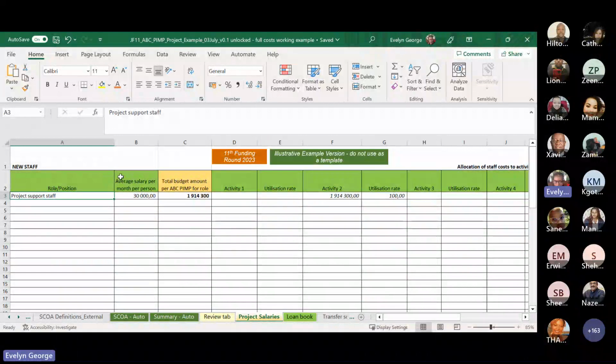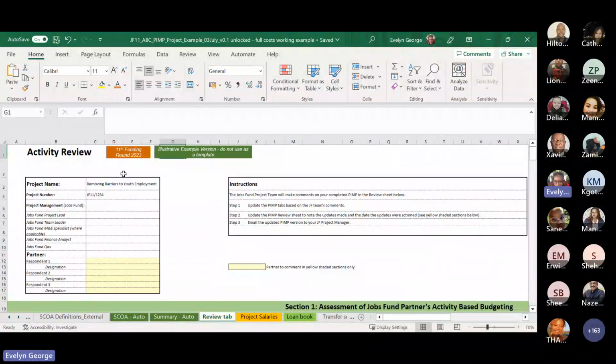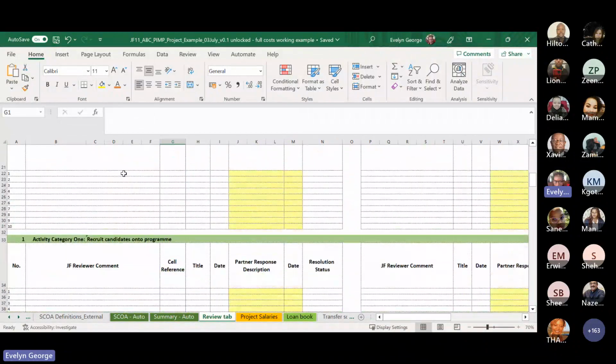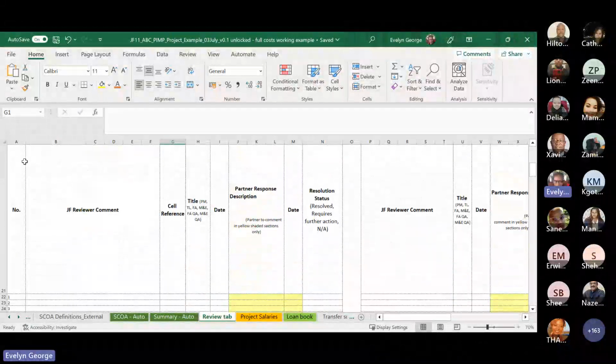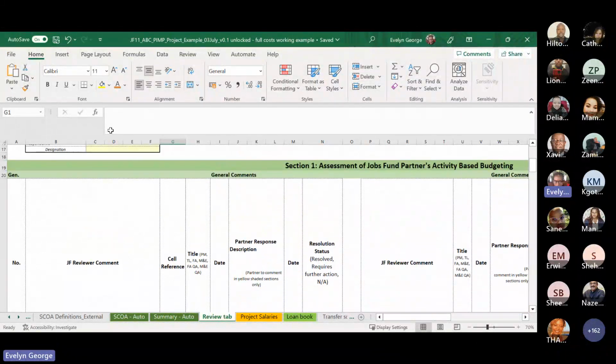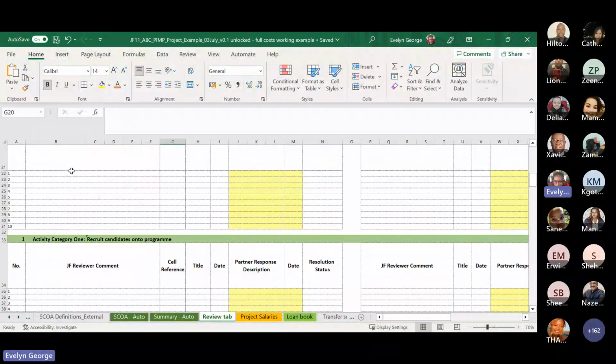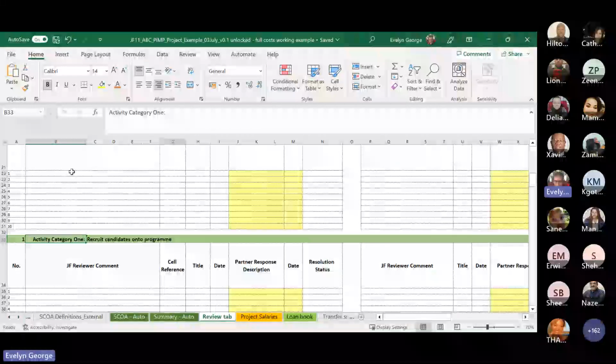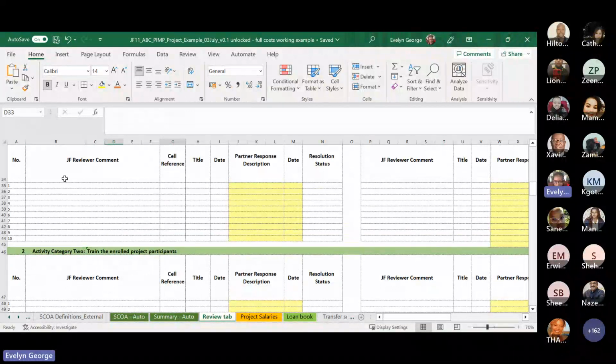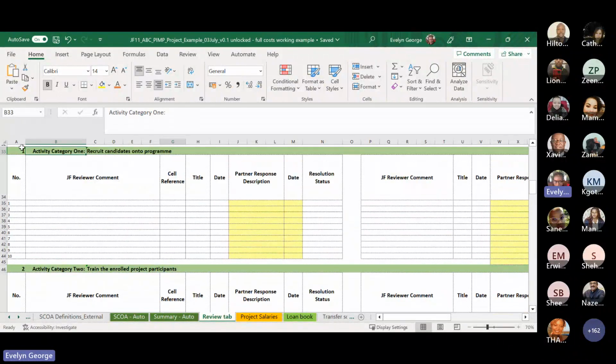And then, whilst I'm here, when you upload the PIMP, put your best effort in, with your best estimates, etc. We will then start to engage you on elements of the PIMP in this review tab, where, as you can see in the layout, we've set it out according to general issues, and then based on the activity categories as outlined in your PIMP, we will issue comments to you based on what we've seen.